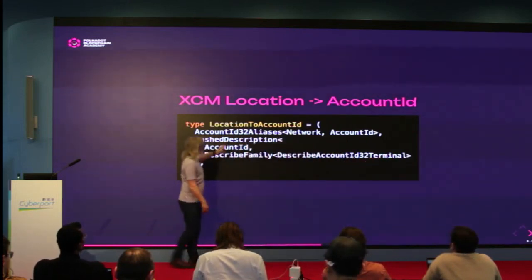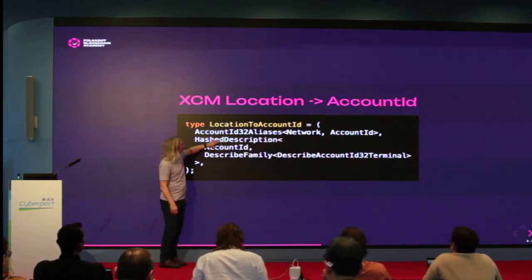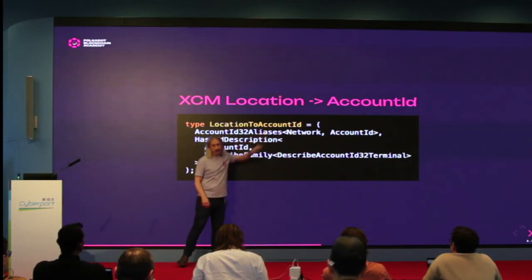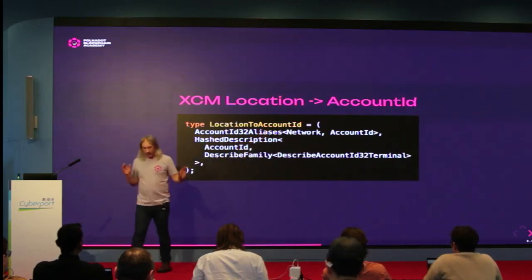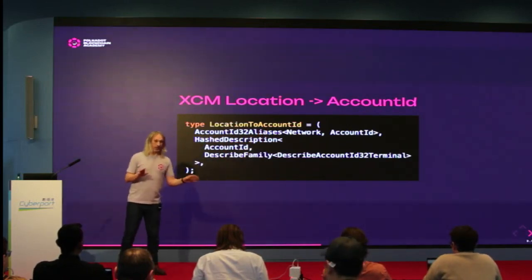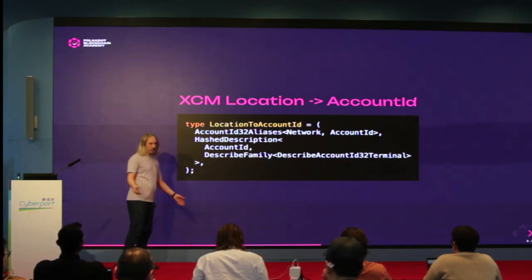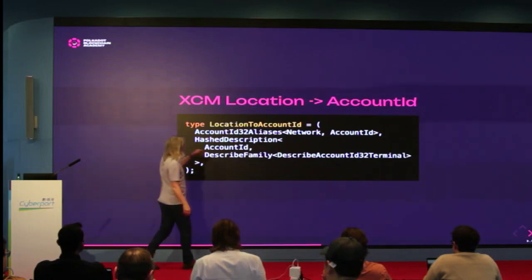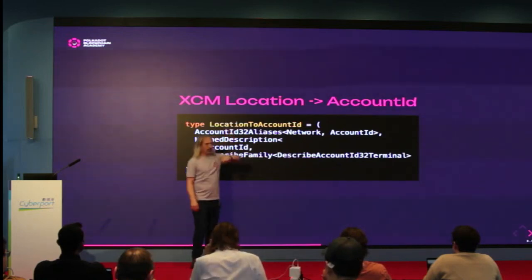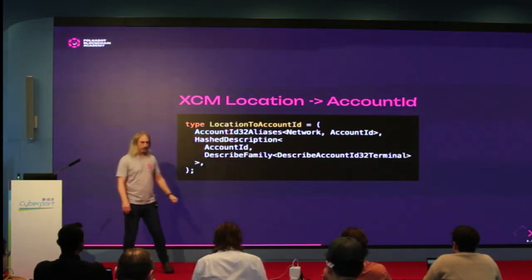And then hash description takes that and hashes it, and that hash is the account ID. So essentially it says, describe the location to me in a way that isn't going to change with forthcoming XCM releases, so it's going to be stable. And then give me an account ID 32 based on that.